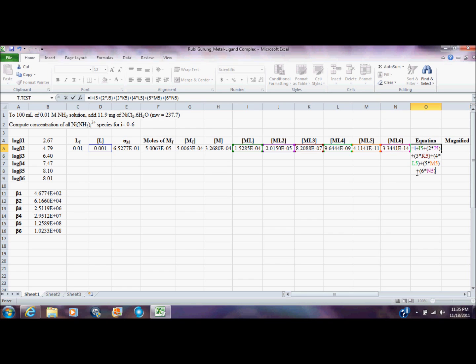So when we subtract the total ligand concentration, we should get 0.